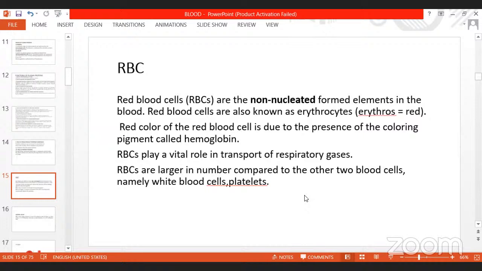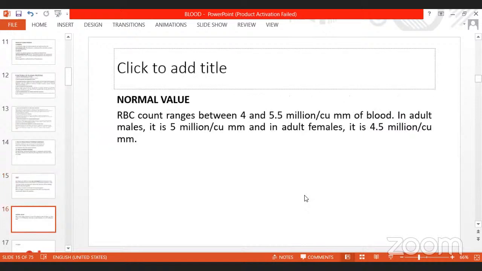The red color of the red blood cell is due to the presence of a coloring pigment known as hemoglobin, and the RBCs play a vital role in the transport of gases. They are larger in number compared to the other two blood cells, WBCs and platelets.